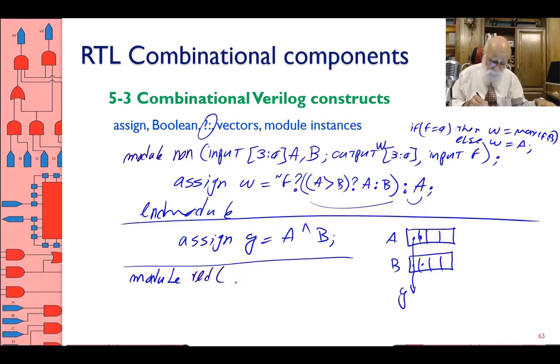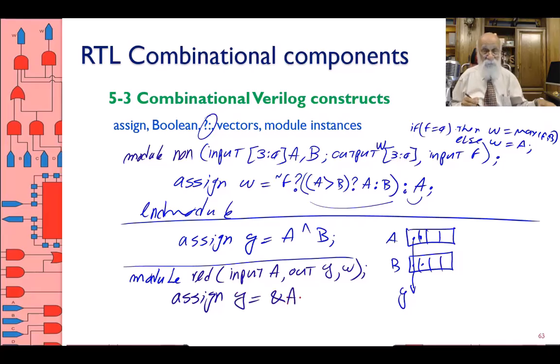My input is A. I have two outputs, Y and W. Y is AND reduction of A, and W is OR reduction of A. So I say assign Y equal AND reduction of A. That means take all the bits of A and AND them together, come up with one bit.